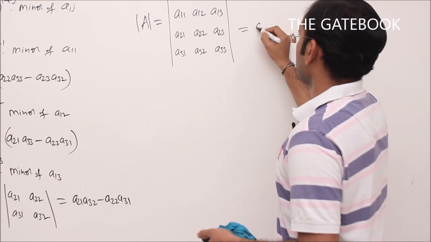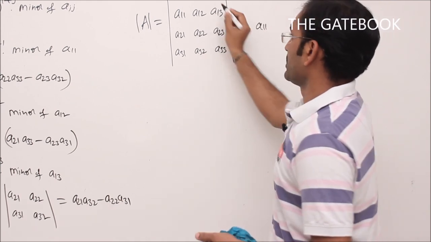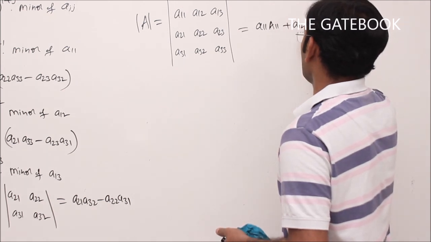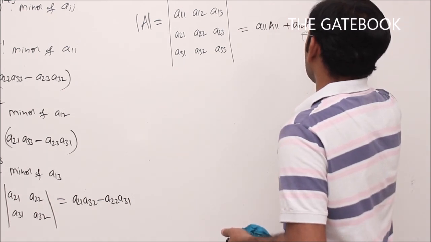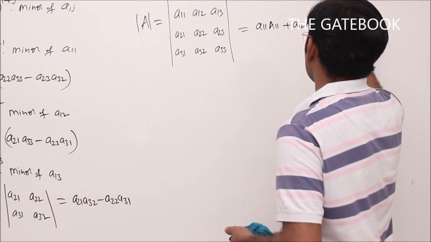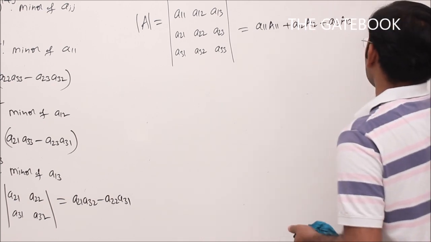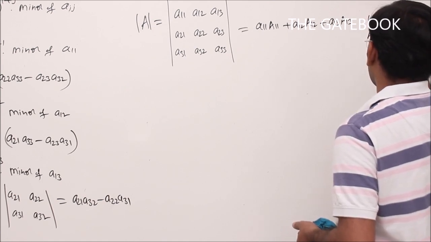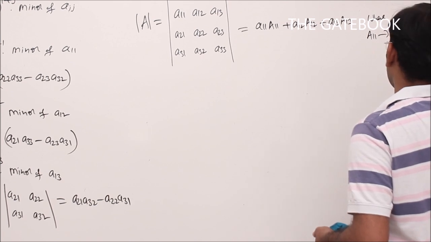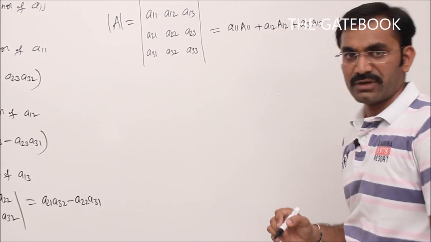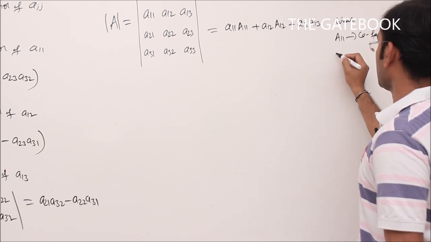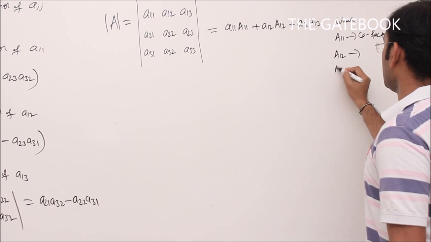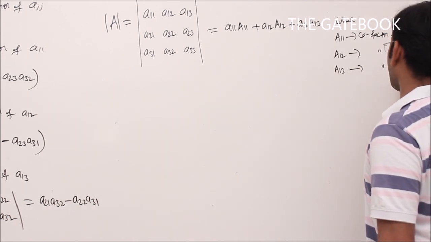So A11 into capital A11 plus A12 into capital A12 plus A13 into capital A13, where capital A11 is the cofactor of element A11, A12 the cofactor of A12, and A13 the cofactor of A13.